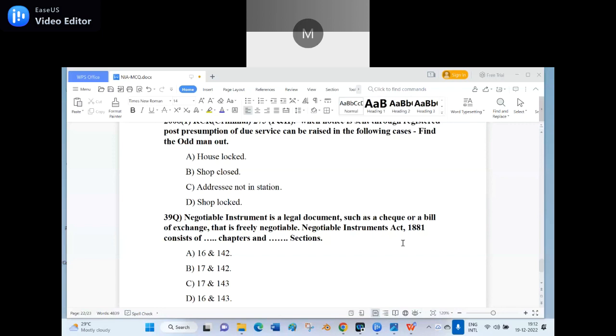Option B, 17 and 142. Option C, 17 and 143. Option D, 16 and 143. B, 17 and 142. The answer is right, Sri Lakshmi. It is B, 17 and 142.